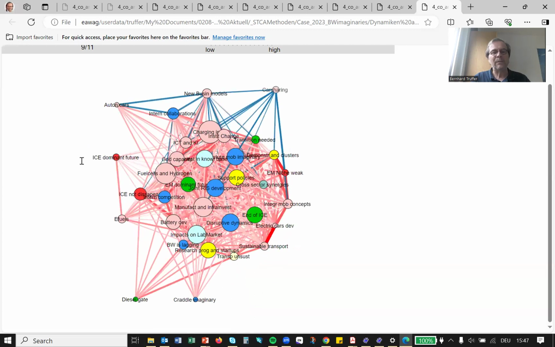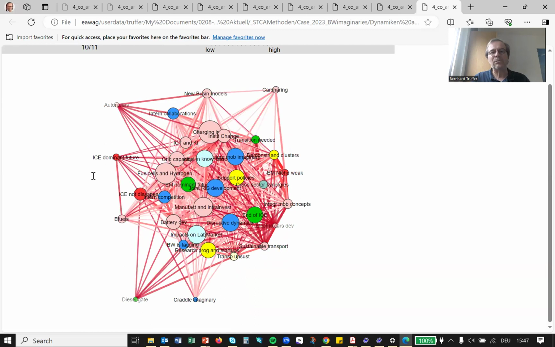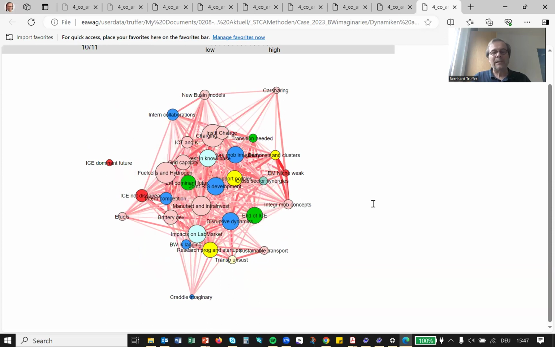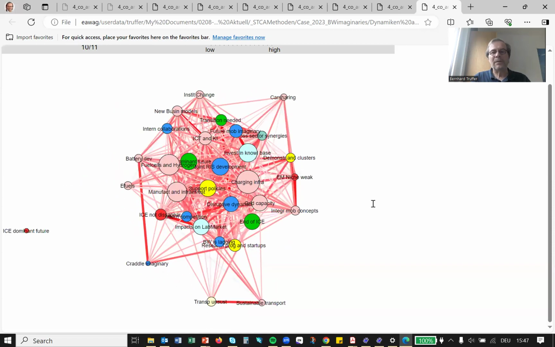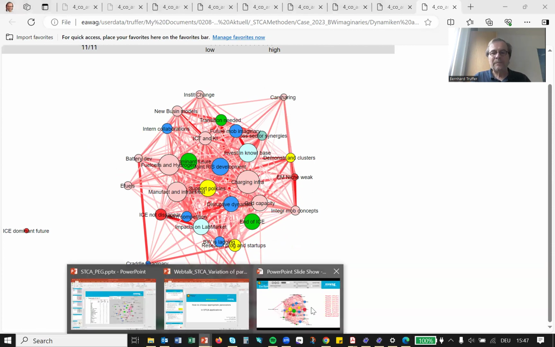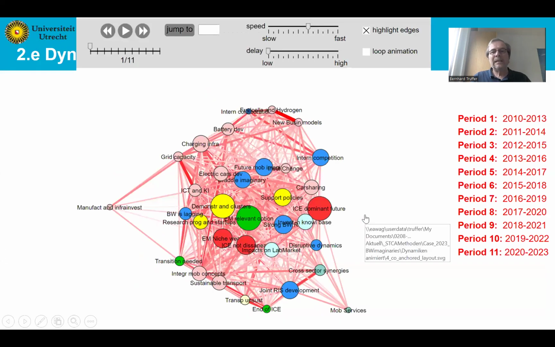You see here the cradle of the imaginary and the ICE dominant future go to the periphery, and then in the last period they just go extraterrestrial. So that's what it is about the dynamics.